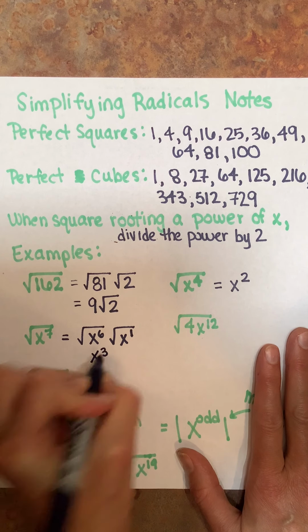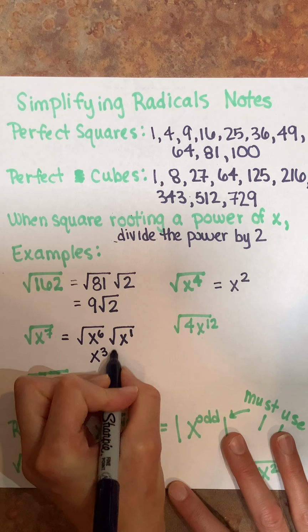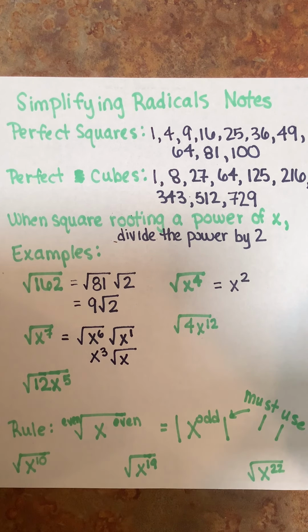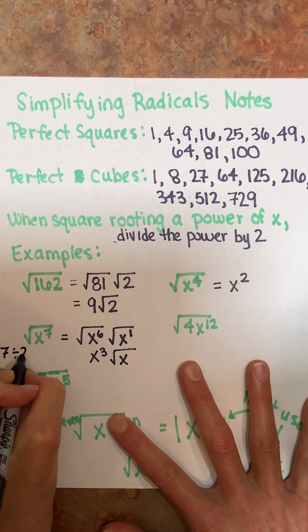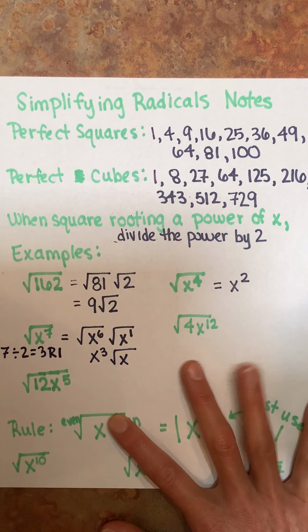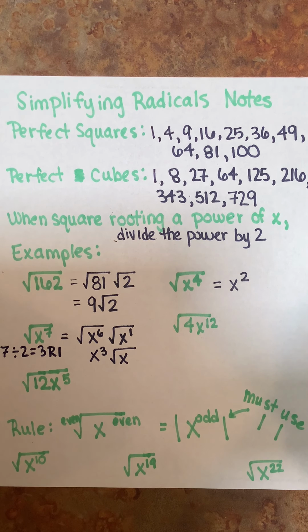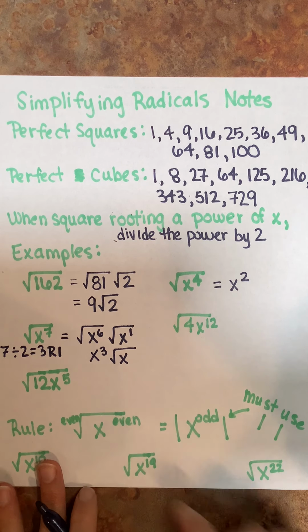That's going to be x cubed because we're dividing the power by 2. And then we're just going to leave this other x under the square root. It's kind of like 7 divided by 2 is 3 with a remainder of 1. When you take 7 divided by 2, you get 3, and then your remainder is 1. So there's 1 x left over here.